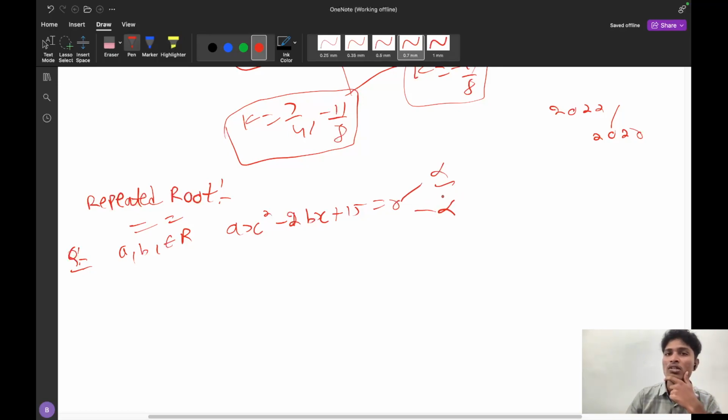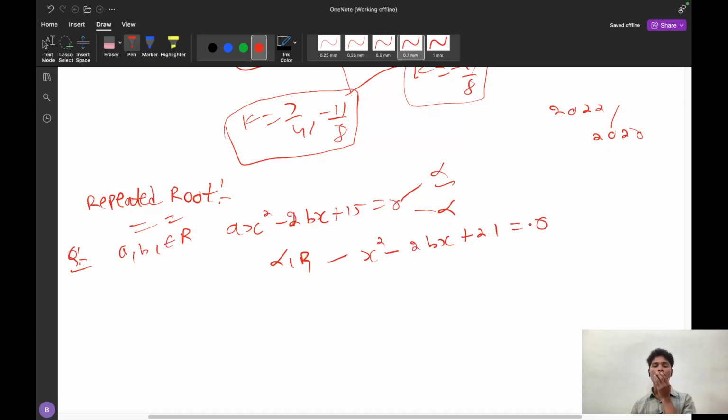When will I get equal roots? When the discriminant is equal to 0. So I can apply this condition here. Again, they are saying alpha, beta are the roots of x square minus 2bx plus 21 is equal to 0. This thing you have to understand.